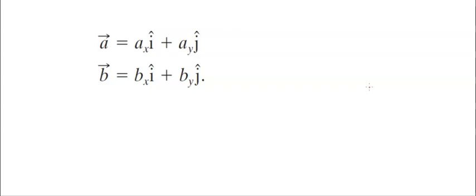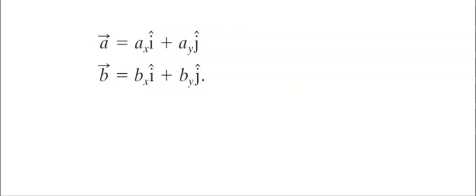Alright, when we're adding vectors, it's helpful to break them down into their x, y, and z components, because then all you have to do is add each component separately. Just to recap, a unit vector is a vector that has a magnitude of 1 and points in the positive directions of x, y, or z.